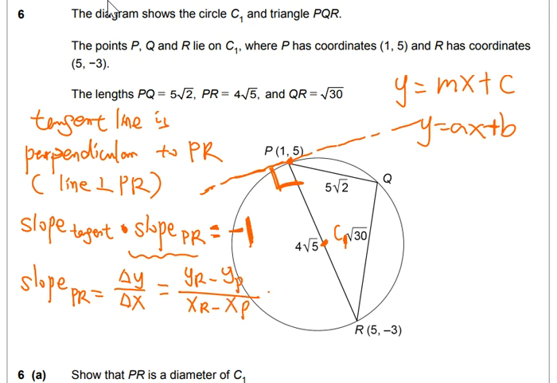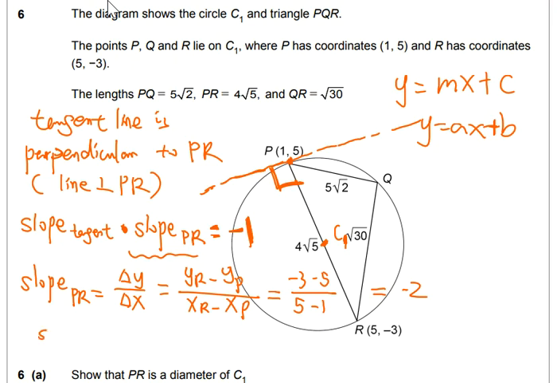Your yr is -3 and yp is 5, your xr is 5 and your xp is 1. So we have -8 divided by 4, which is -2. So the slope of PR is -2.